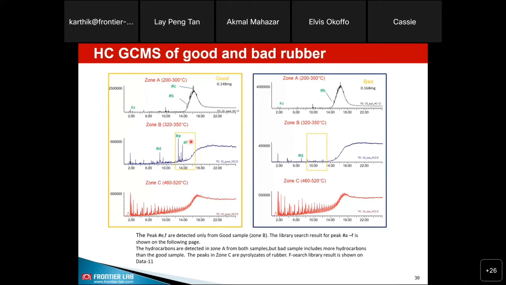You can see there are certain antioxidants present in one but not in the other. Then there is also a concentration difference in these hydrocarbons, which is another major observation. So we have seen an obvious difference between the products in terms of the rubber and the additives.